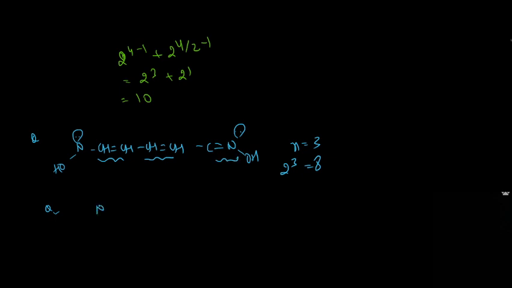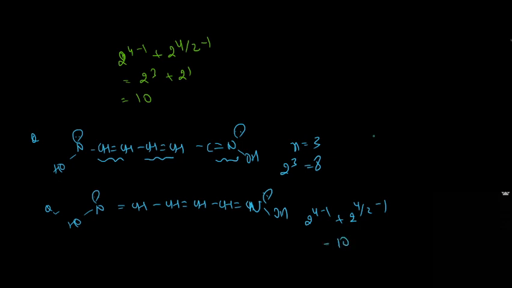Now we have NOH, CH, CH double bond CH, CH double bond CN, OH. We have 2 to the power 4 minus 1 plus 2 to the power 4 by 2 minus 1 equals 10. This was unsymmetrical and this was symmetrical. In case of symmetrical, we have 1, 2, 3 geometrical centers. So the answer here is 10.